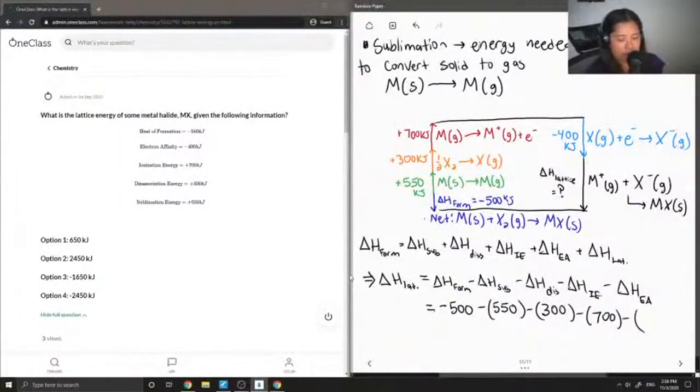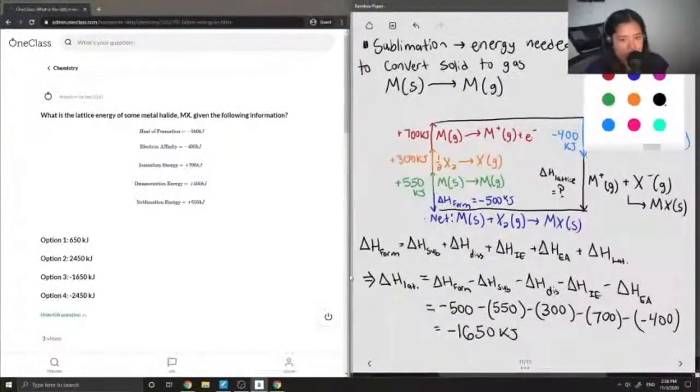And then the electron affinity was minus 400. So if we add all these values together, you get minus 1,650 kilojoules as our delta H.